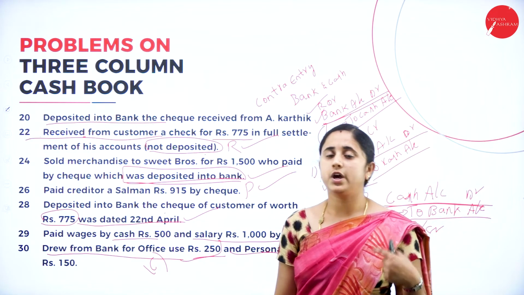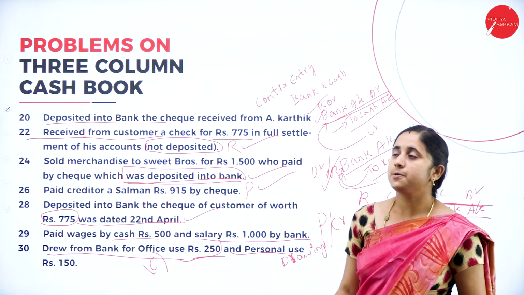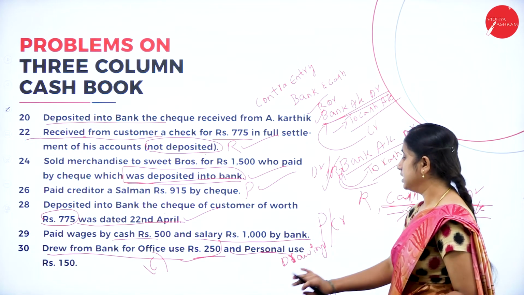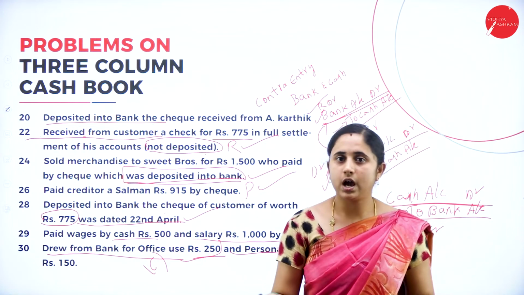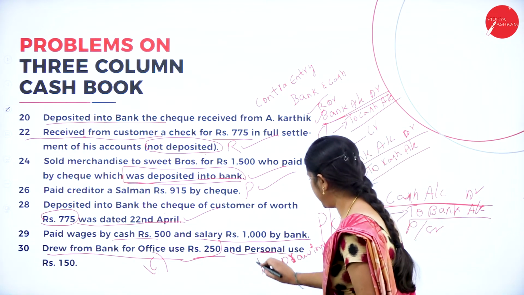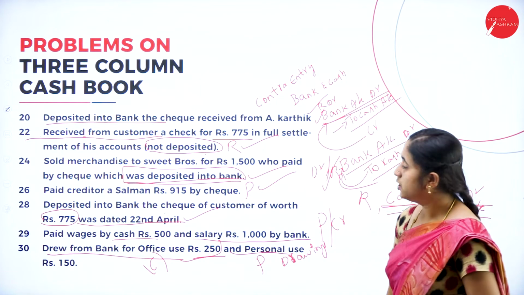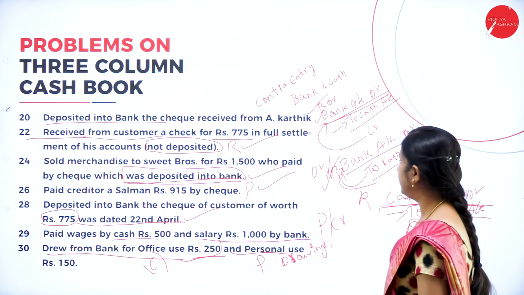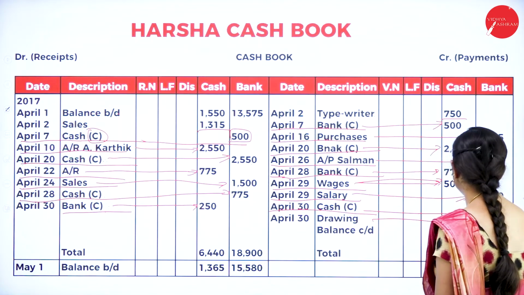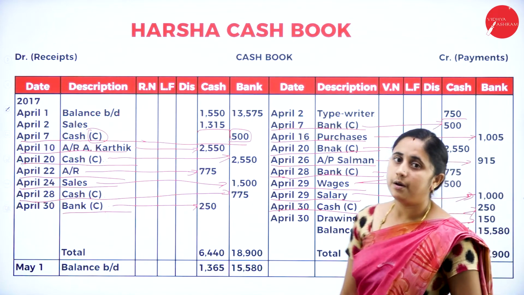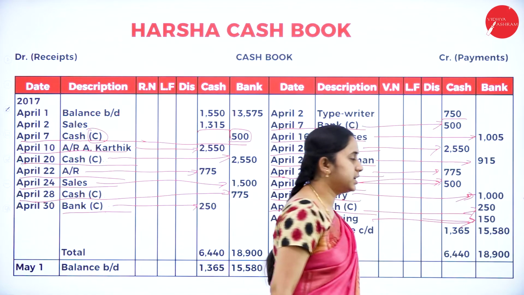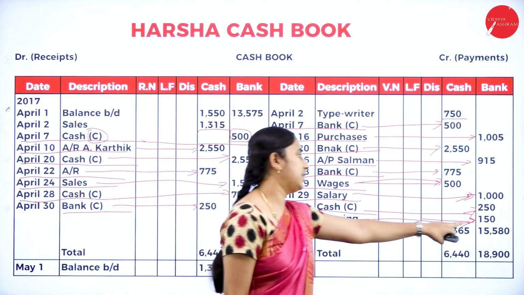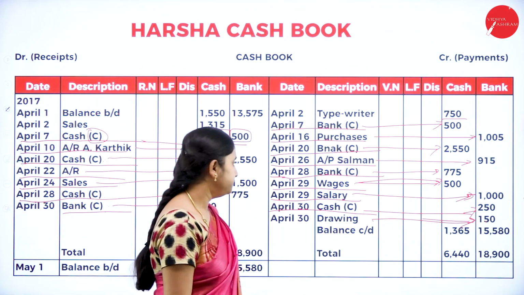Personal purpose means withdrawing cash for the personal purpose. So here drawing is an expense. So cash is going out. Payment. So write in the payment side. By drawings rupees 150, amount in the bank column. You are withdrawing from the bank rupees 150 for the personal purpose. So amount in the bank column 150.